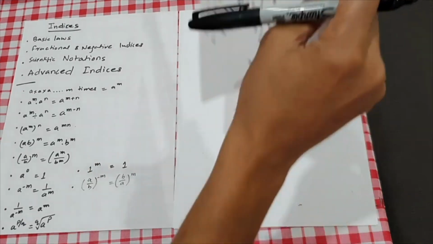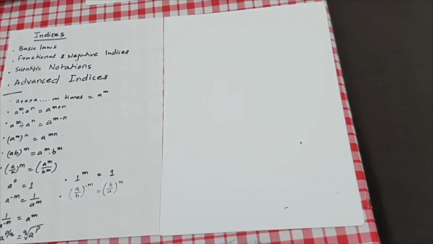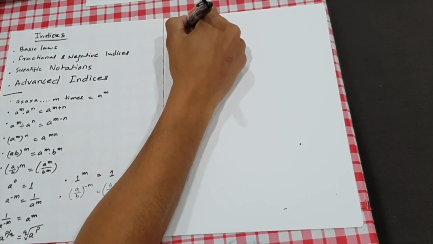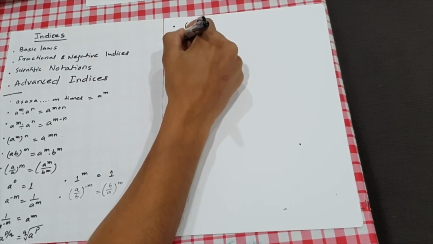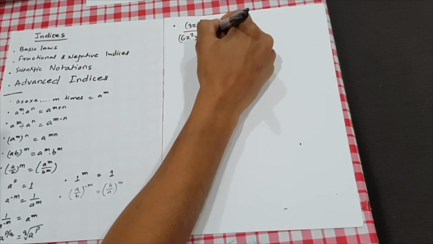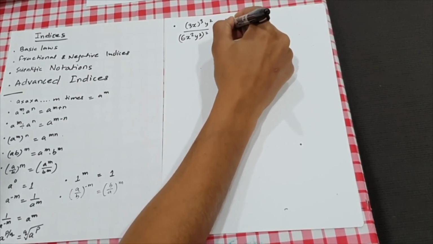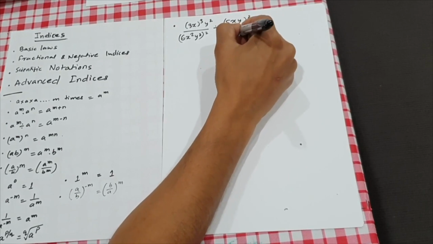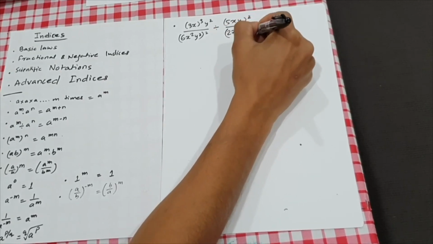We'll take some more examples. So one problem I have from the book is this: 3x cube y squared by 6x square y square, divided by 5xy squared, and 27x9 y9 to the power 1/3.